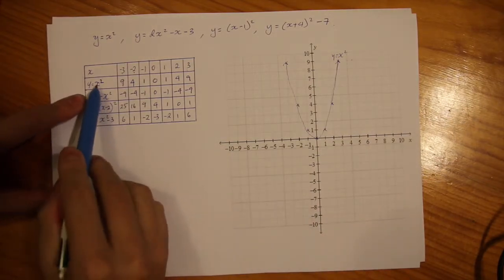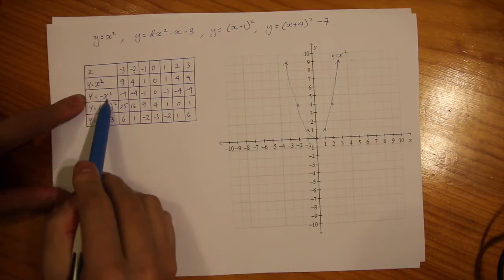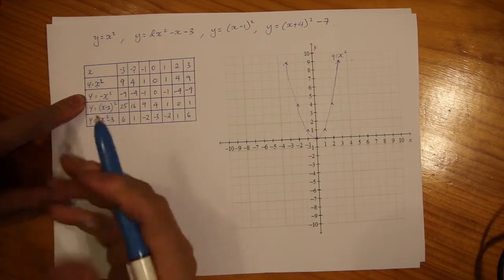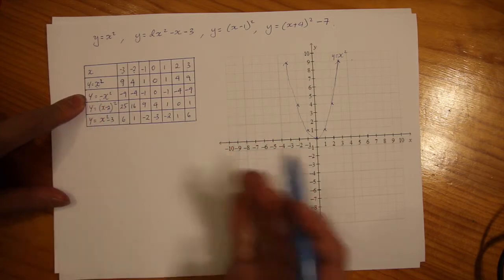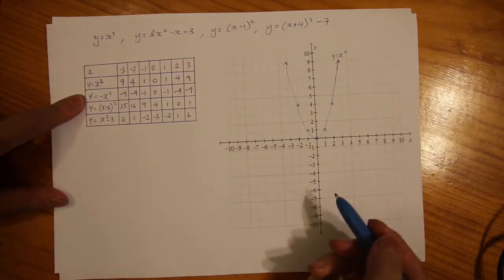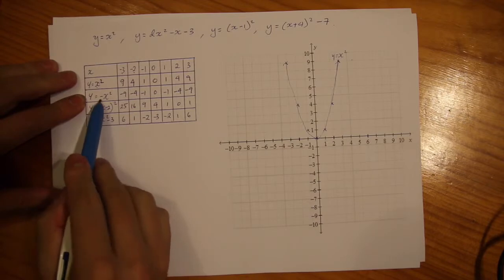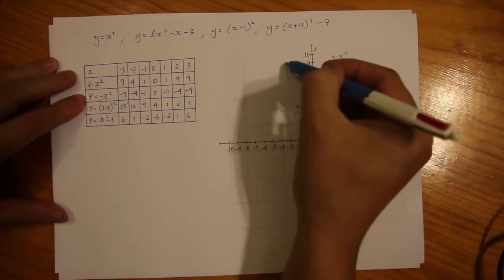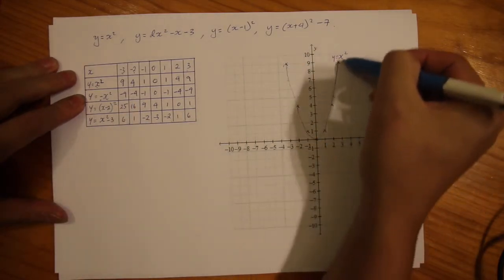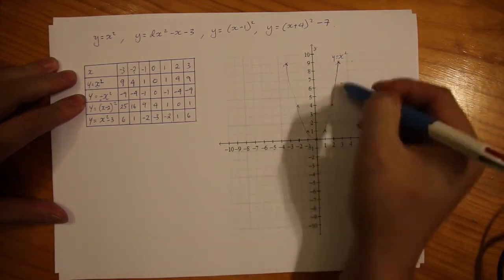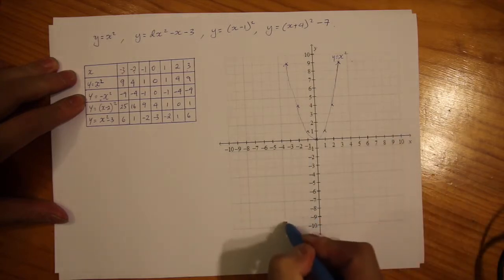The difference between y equals x squared and y equals minus x squared is that it's negative. Just like a linear equation where you have a negative gradient, where instead of going up it's actually going down, it's going to be exactly that. So you have a negative parabola, and instead of starting at the top, going down and going back up, it's actually going to be a frown. Instead of a smile, it's going to be a frown.